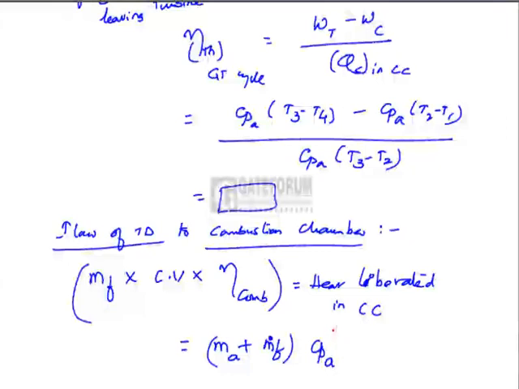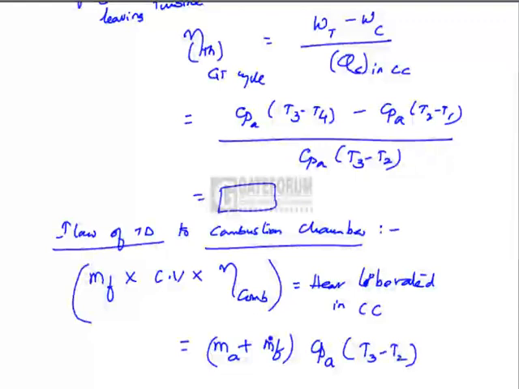Cp of the gases and Cp of the air can be taken as the same, into T3 minus T2. This is the law of conservation of energy or heat balance equation for the combustion chamber.